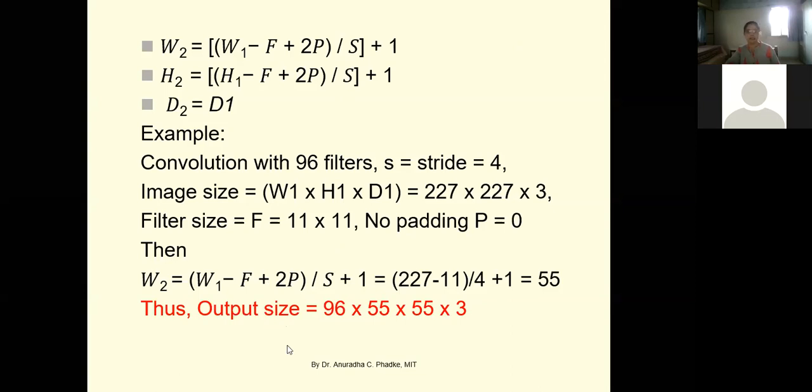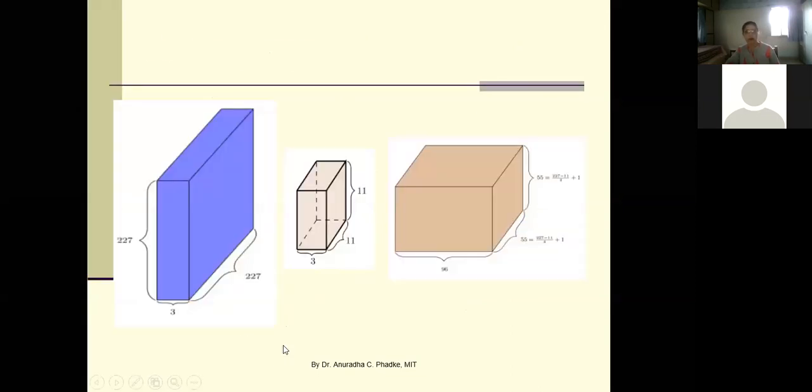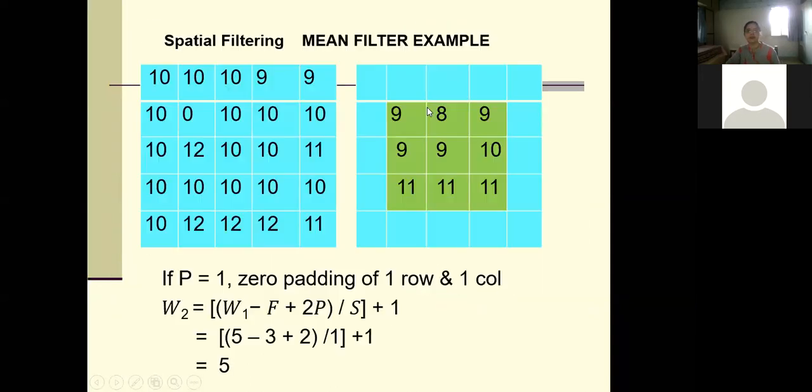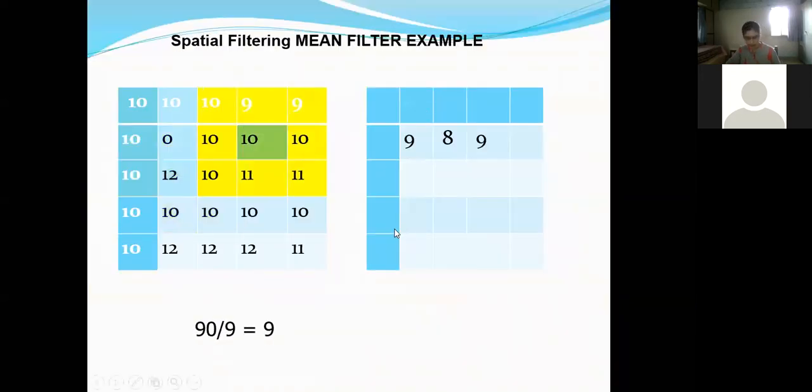Now, the next important component of your convolutional neural network is the pooling layer.